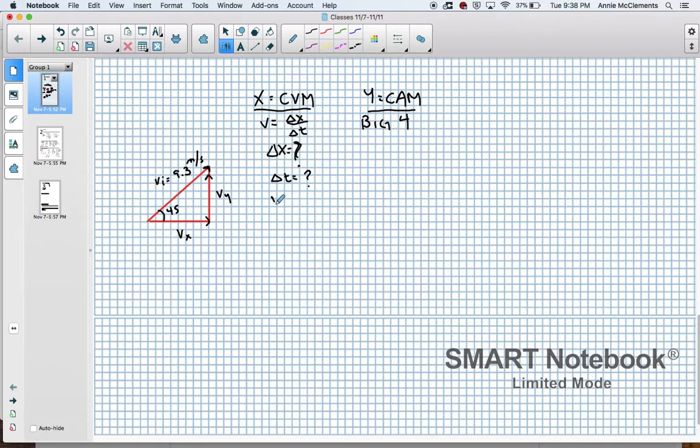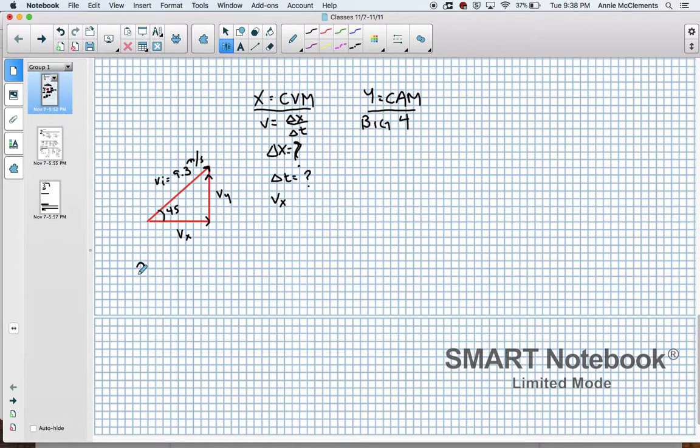We don't have a velocity in the x direction yet, but we could solve for it from this triangle. We could use a little trig to solve for Vx. In this case, Vx is adjacent to the 45-degree angle, and we have the hypotenuse of the triangle.